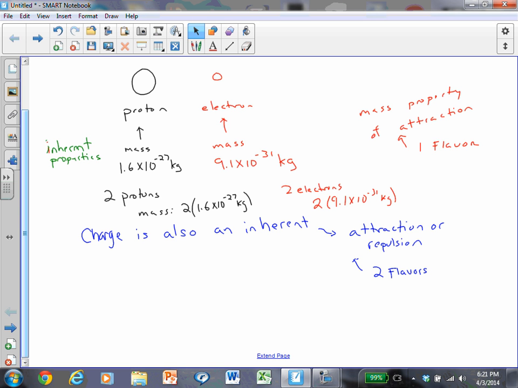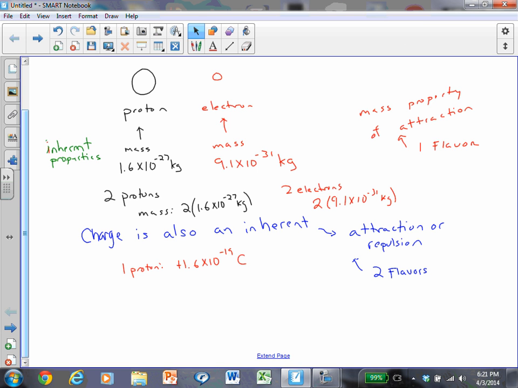But it's also an inherent property, and you could take the charge of an electron, or the charge of a proton. The charge of 1 proton is positive 1.6 times 10 to the minus 19 C, which is coulombs, which we'll define later.